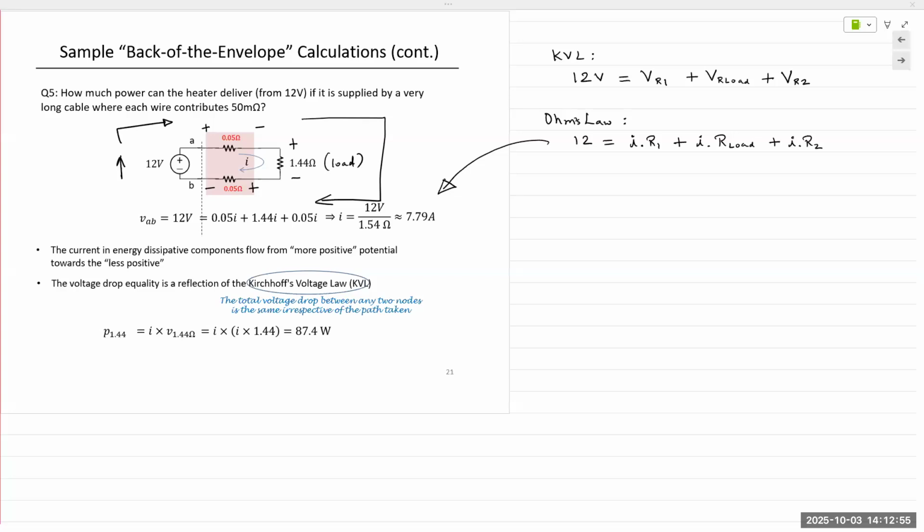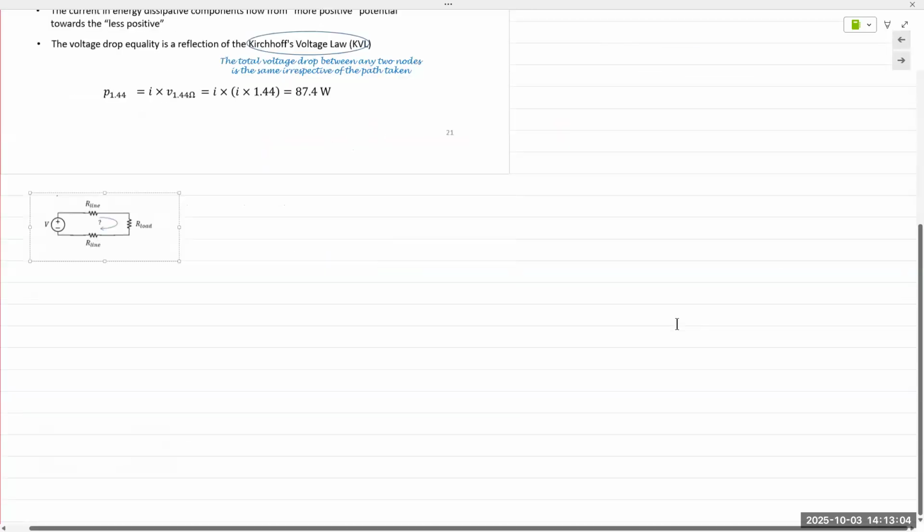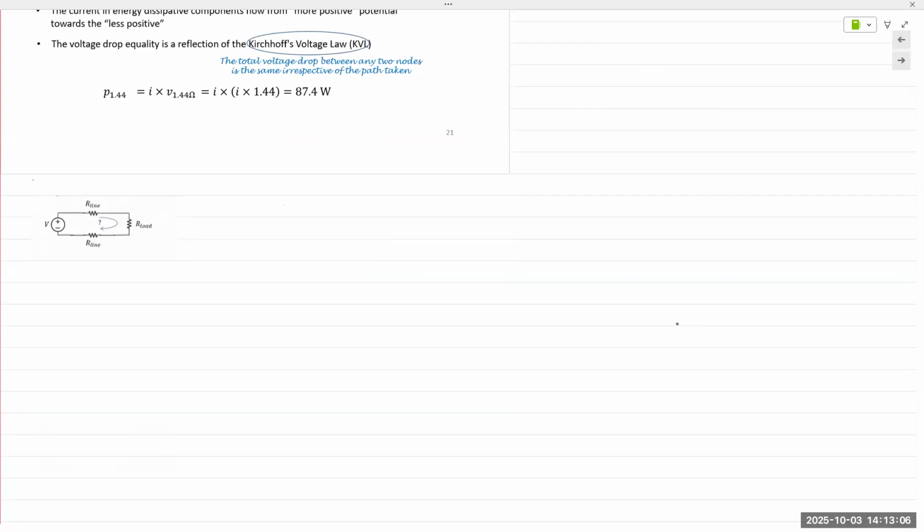So when we try to solve this, let me copy and paste. All right. So this is homework 01, problem 4. Okay.